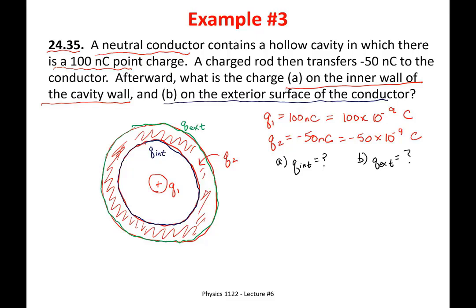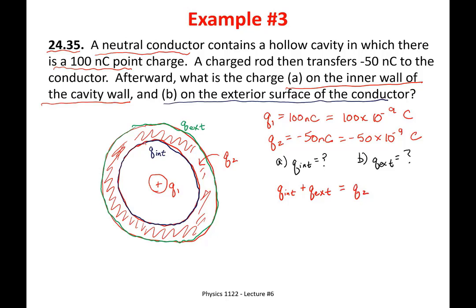One is charge conservation. If the charge on the conducting shell is split between the interior and the exterior surface, then the sum of those two charges must equal the total excess charge on the conducting sphere.